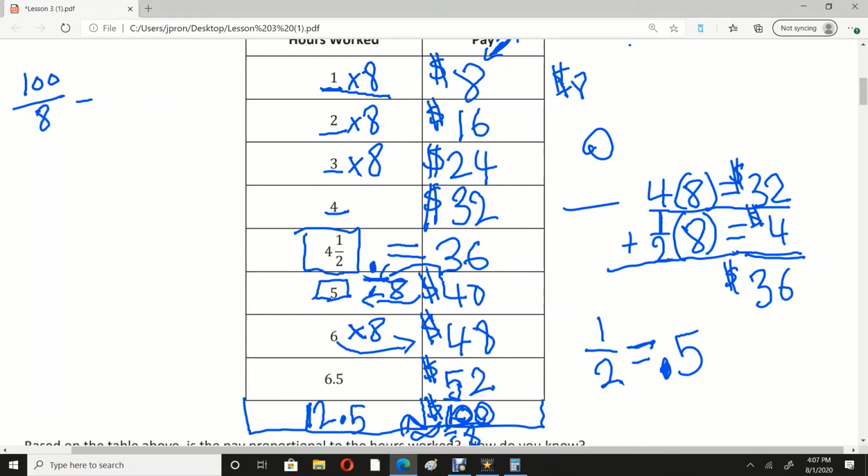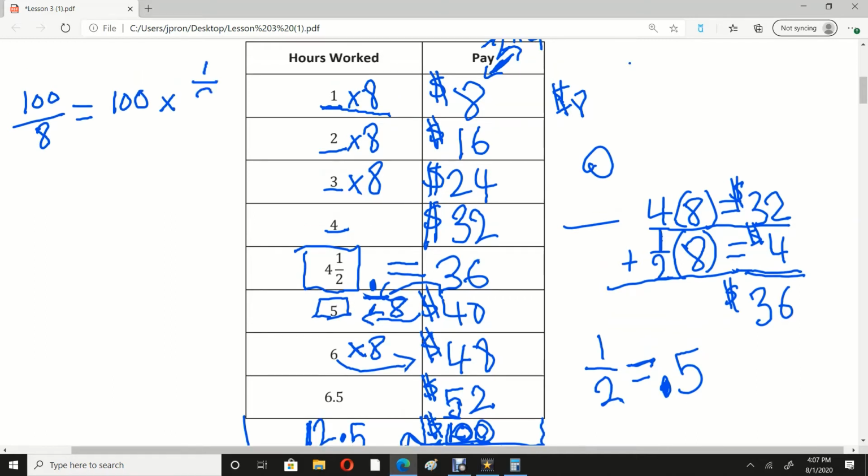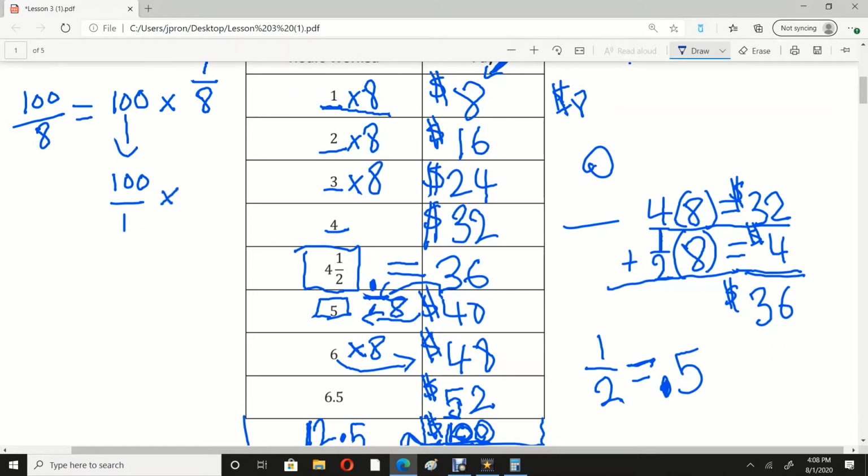which is actually the same as multiplying 100 times 1/8, the reciprocal of 8, our unit rate. If we look right here, 100 can become 100 over 1, since any number over 1 is just that number, times 1 over 8.